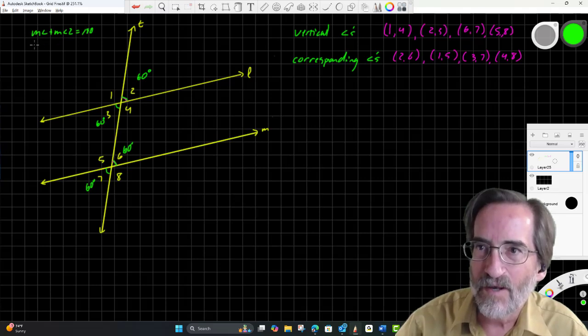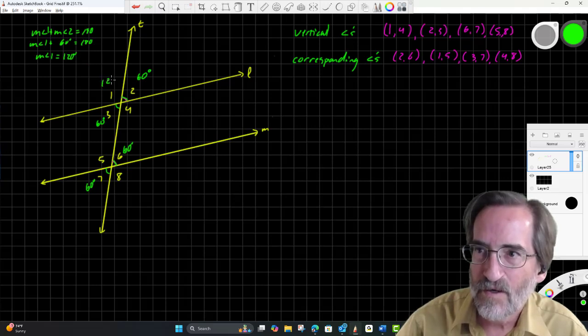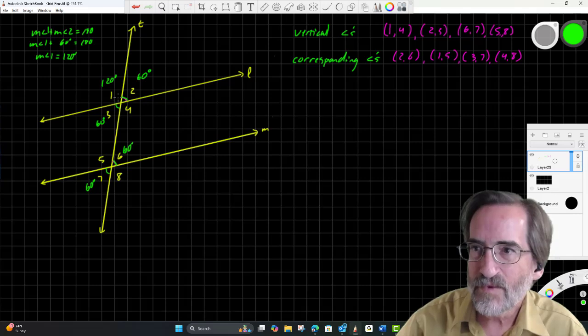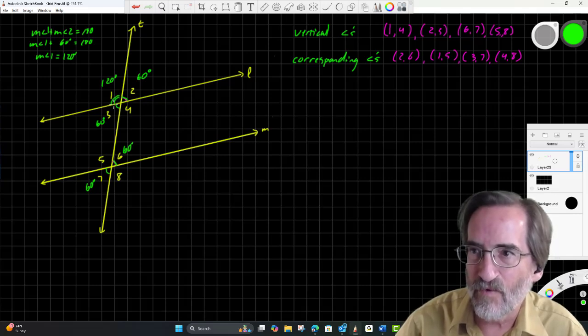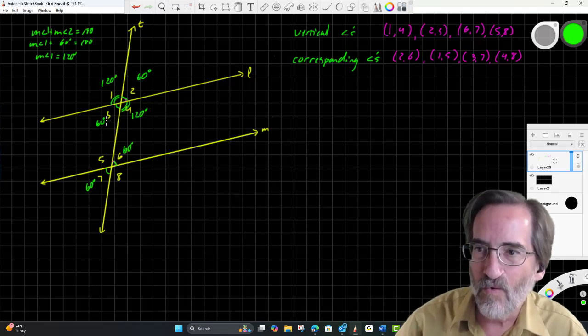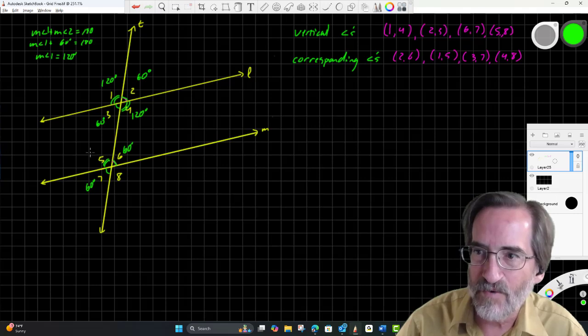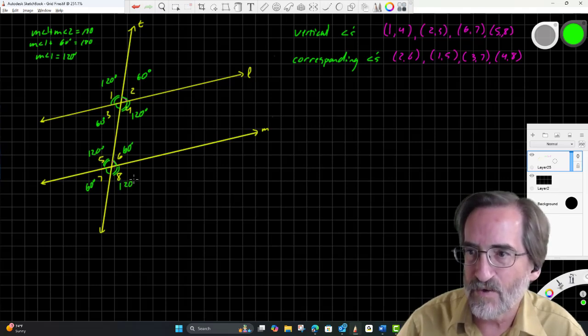If the measure of angle 2 is 60 degrees, then the measure of angle 1 plus 60 is 180. Subtract 60, and the measure of angle 1 must be 120 degrees. By the same logic, angle 1 is the same as angle 4, so that's 120 degrees. Angle 1 is the same as angle 5, they're corresponding angles, 120 degrees. And angle 8 is the same as angle 5 because they're vertical angles, 120 degrees.